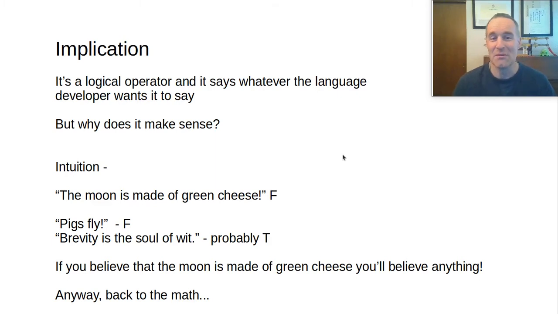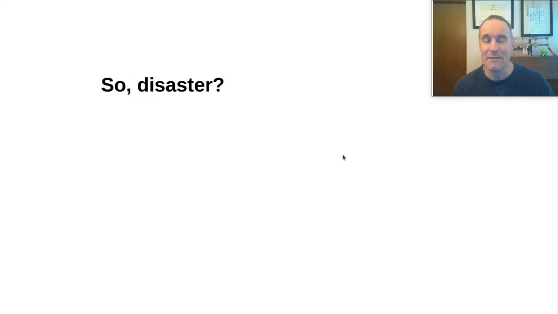Brevity is the soul of wit was an example I used before, and it's probably true. If you believe the moon is made of green cheese and you like these little aphorisms, well, maybe you're a bit crazy, but you also believe in brevity is the soul of wit, so that's fine. So you can believe in false things or true things, but basically from false you can conclude anything. So that's the intuition, or you can just accept that that's what the logical operator means. So, does this mean complete disaster?